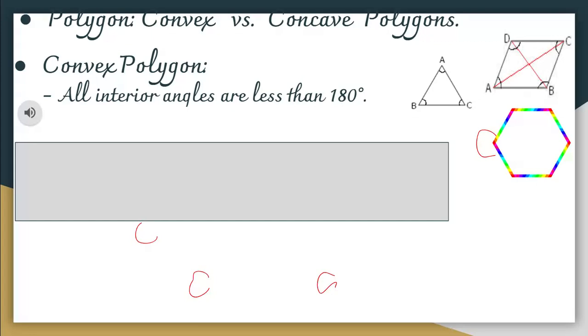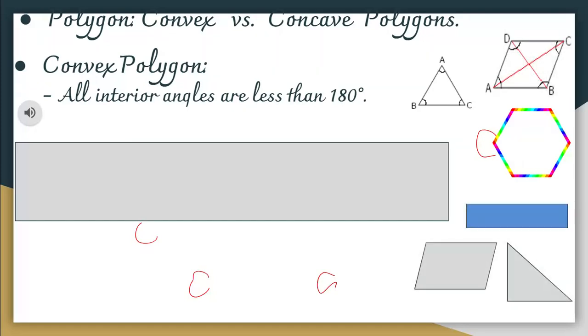So this is what signifies which one is a convex polygon and which one is a concave polygon. Now look at these examples. These are all convex polygons, and I am sure you know why they are convex, because their angles are all less than 180 degrees.